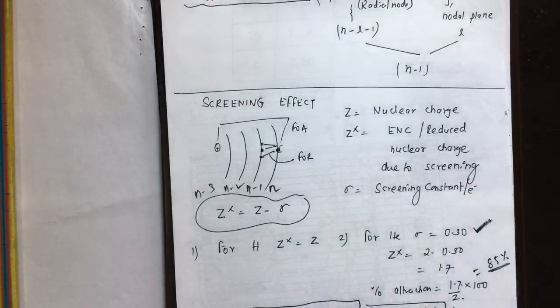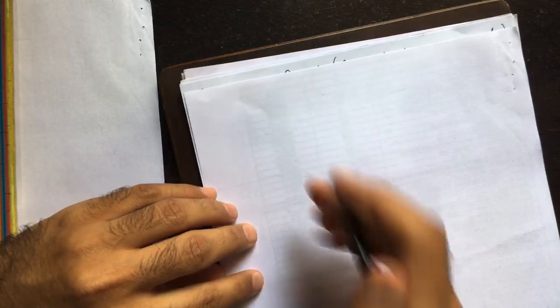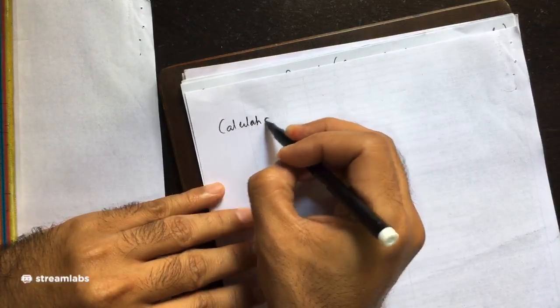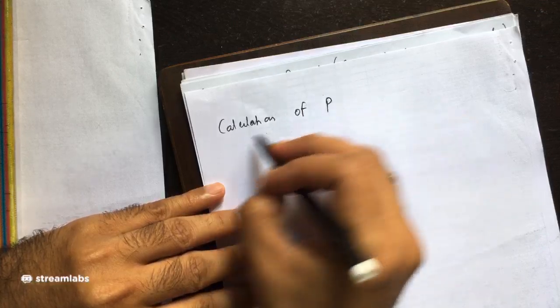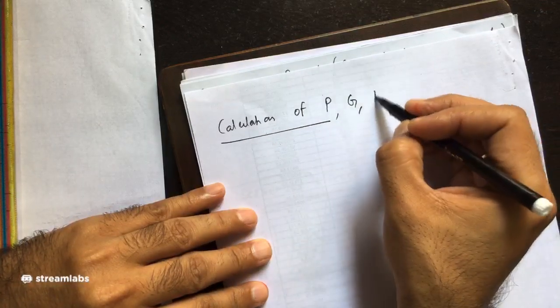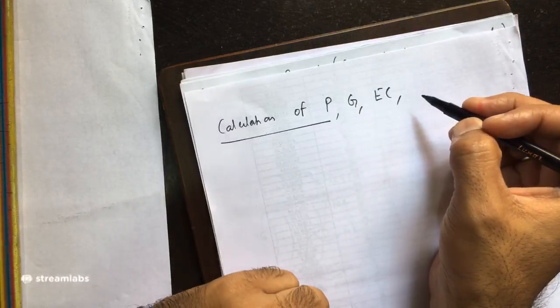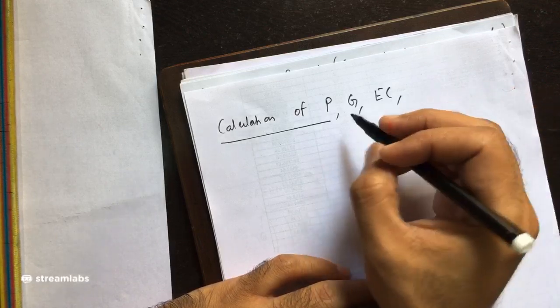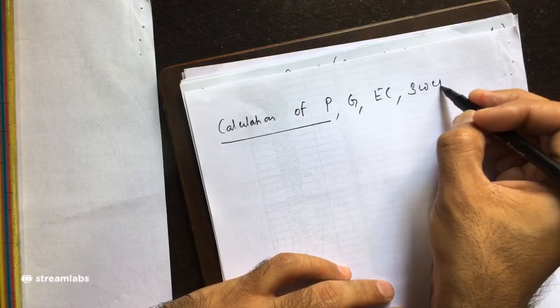Now, if we talk about the calculation of periods, groups, and all discussions. Right now we are just focusing on the calculation of periods, group, electronic configuration, that you can do because you know the atomic structure part, and block, like that.